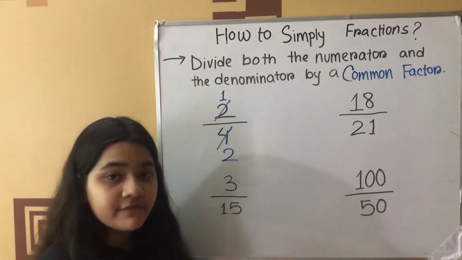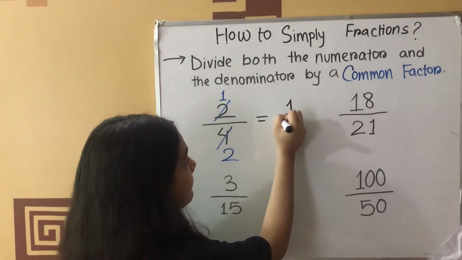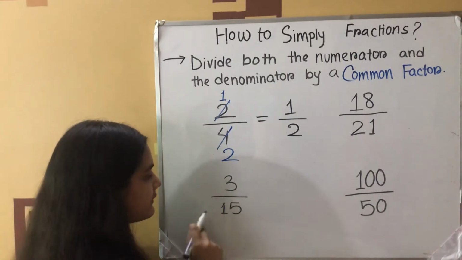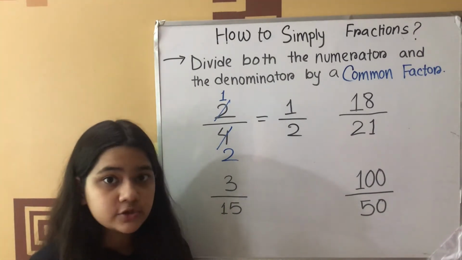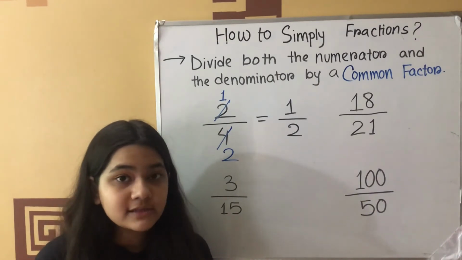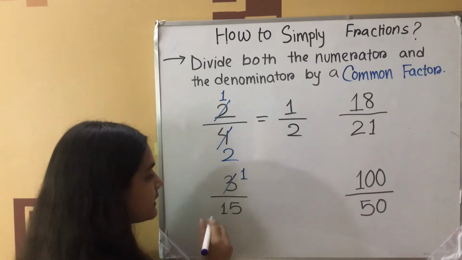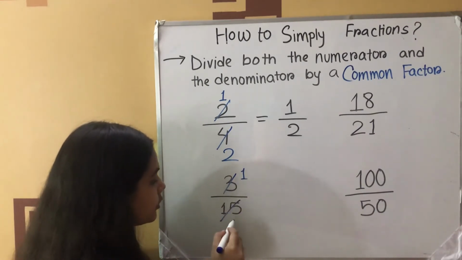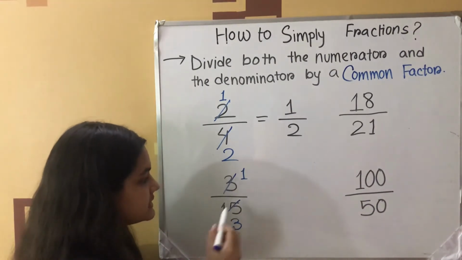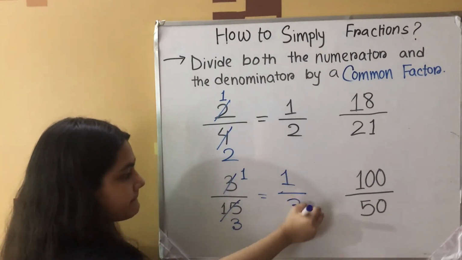So if we simplify 2 by 4, we get 1 by 2. And now we have 3 by 15. We can divide 3 by 3 and we can also divide 15 by 3. 3 divided by 3, we get 1. 15 divided by 3, we get 3. So if we simplify 3 by 15, we get 1 by 3.